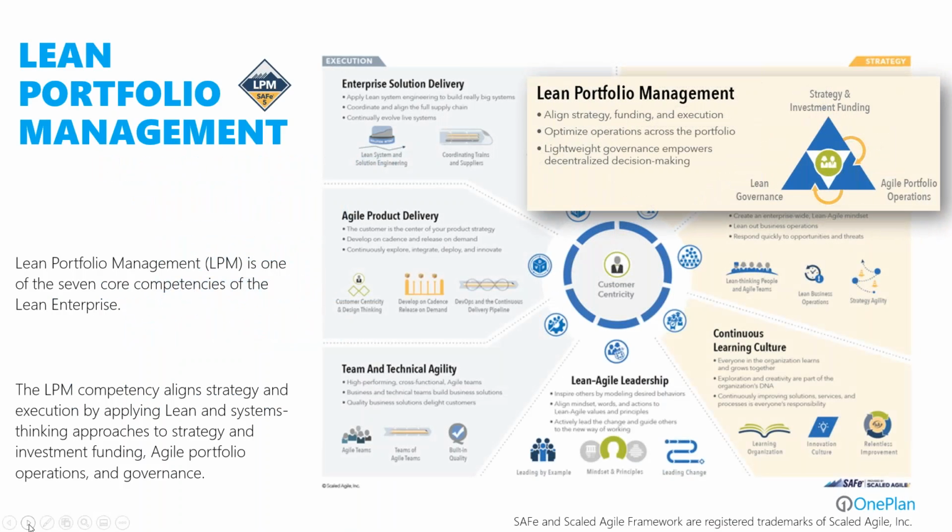Okay, so those are some of the challenges. What are some of the tools we can use for business agility? Well, one of the things we can look at is the SAFE framework, the Scaled Agile Framework, and specifically the part of SAFE called Lean Portfolio Management. There are 7 competencies in SAFE.